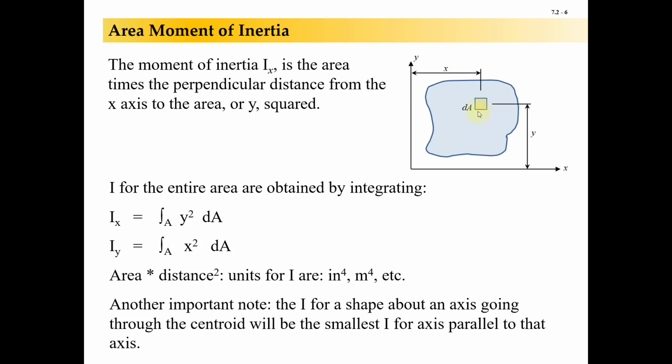If we moved the x-axis up there and called it the centroidal x-axis, when we calculated the moment of inertia about that axis, it would be at its smallest value. Think about it. The farther away the area is from the axis, the bigger the moment of inertia, y squared dA. So if you can get all of this area as close as possible to the axis, or move your axis as close as possible to the centroid, you're getting it as close as possible to all of the area. So you're reducing that moment of inertia down to its smallest value possible.